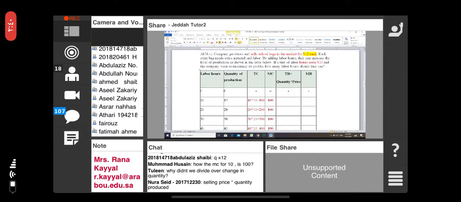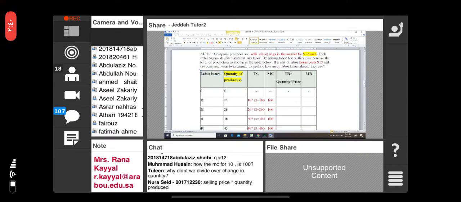For the first unit, I will look for the quantity produced, something I will sell. I will not multiply it with the labor hours. Labor hours, I calculate the cost from it only, okay? The revenue, الإيرادات, I calculate it from the quantity produced that I will sell later on.